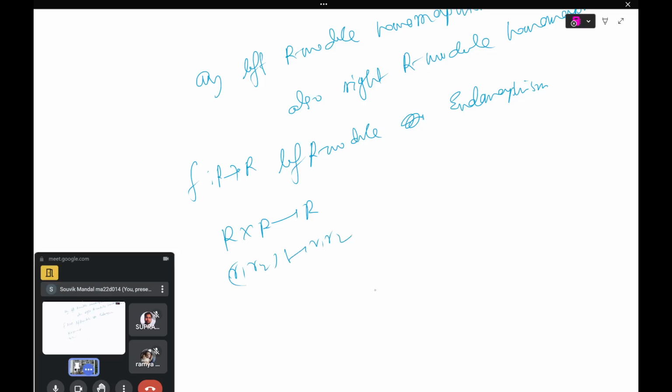So the thing is f is a right module homomorphism. Why? Because f of r1 r2 is nothing but f of r2 r1. If a left module, then r2 f of r1.